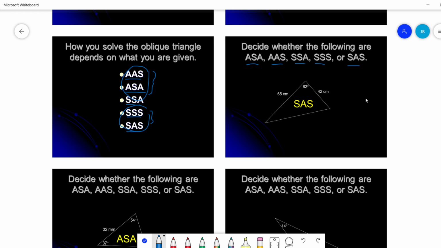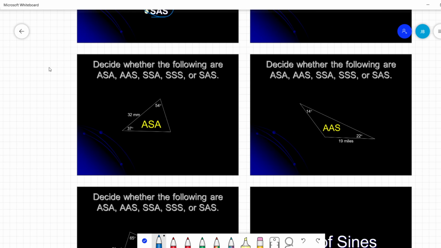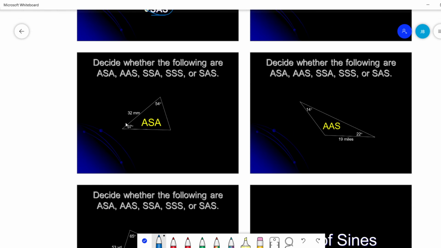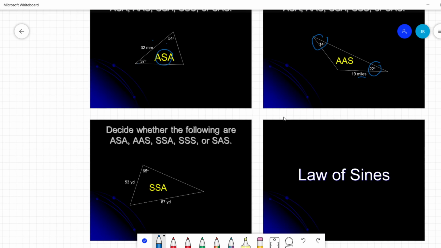So, this is a side. Obviously, this is an angle. So, this is a side. So, this is SAS. Okay, how about this? This is obviously angle, side, angle. So, that's ASA. This is an angle, this is another angle, and this is the side. So, that's AAS.